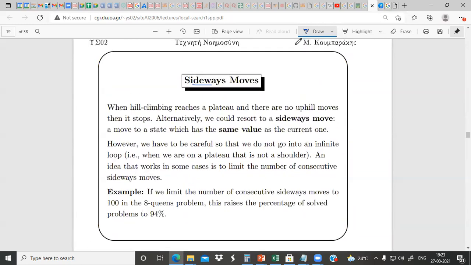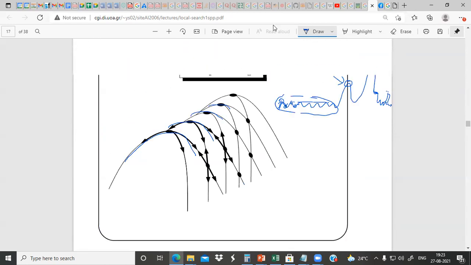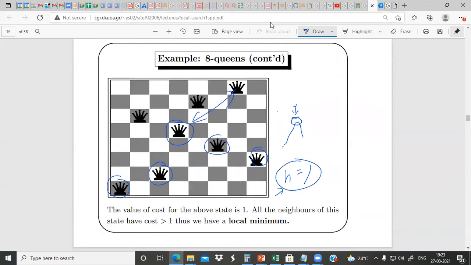So when hill climbing reaches a plateau, it can be a plateau or local maxima, anything. Plateau is also a local maxima. There are no uphill moves, then it stops. Alternatively, we could resort to sideway moves. Okay. So it is not only in case of plateau.